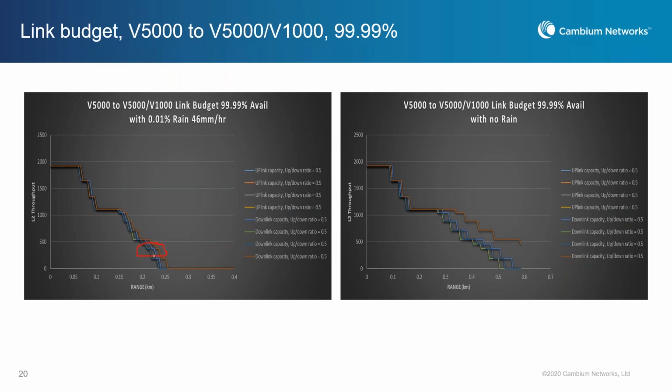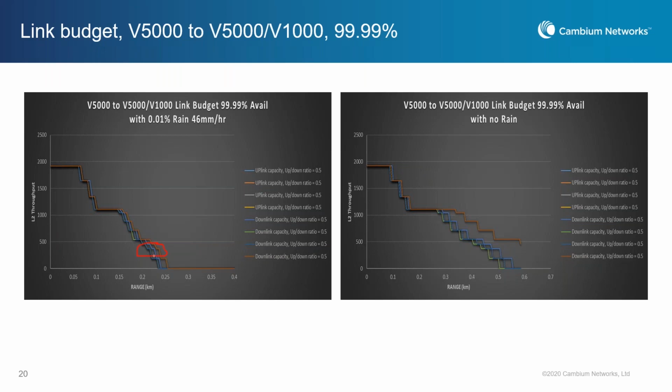If it's heavier than this, the range will shrink a little more. In normal operation, if you deploy at the 200 to 250 meter range with V1000 or V5000, you deliver over a gig of throughput per direction. So this really gives you the idea: what is my performance under rain, and what is my performance on a normal day?